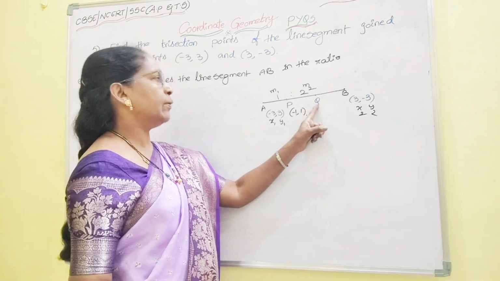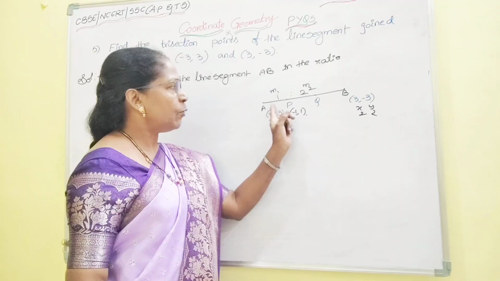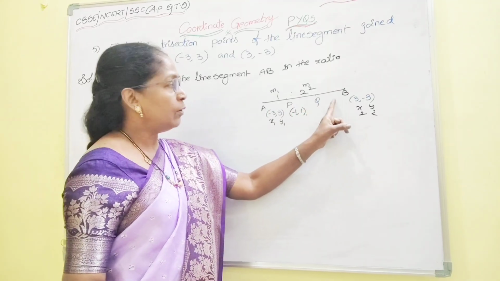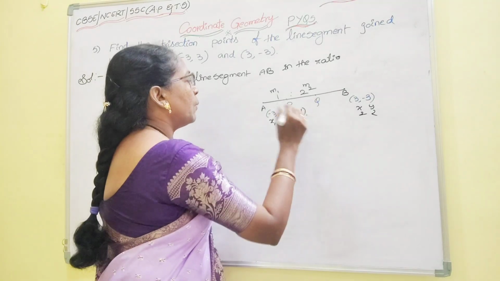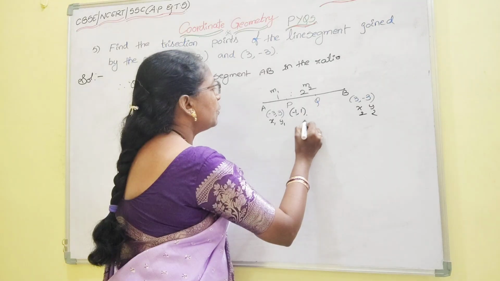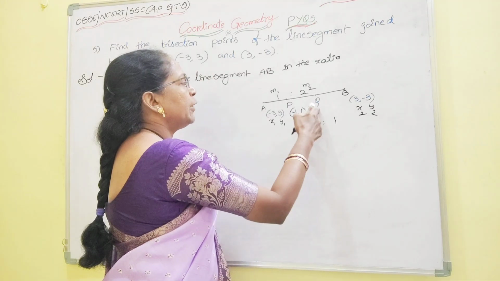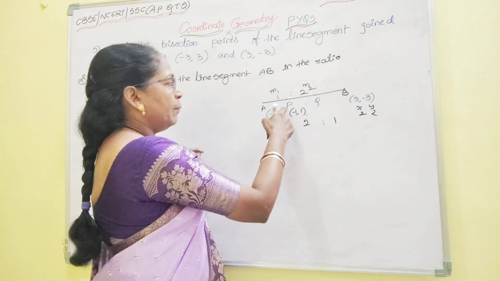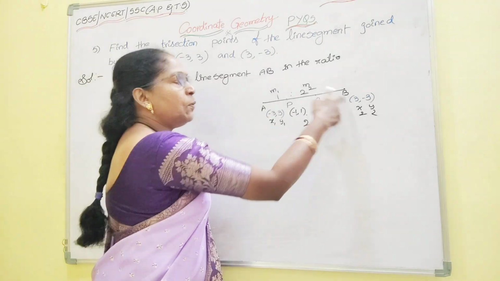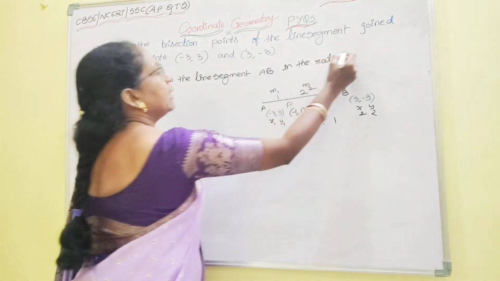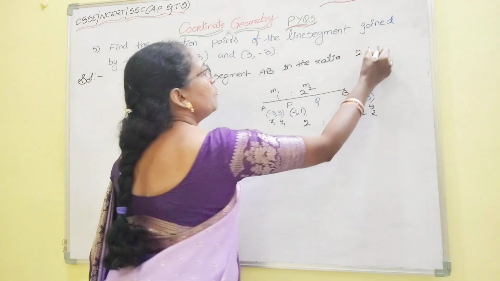First we have to write it down. How many parts are there? Before Q there are 1 and 2, and after that 1 more part. So this is 1 part. So Q divides in which ratio? 2:1 ratio, AQ is to QB. P divides means AP is to PB. Now here the ratio equals 2:1.